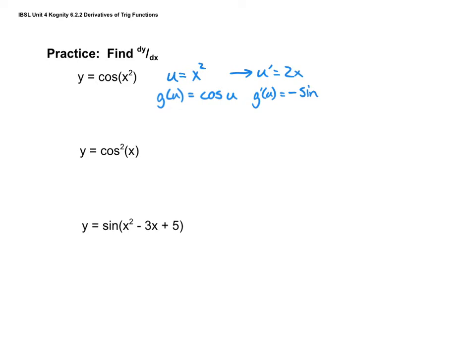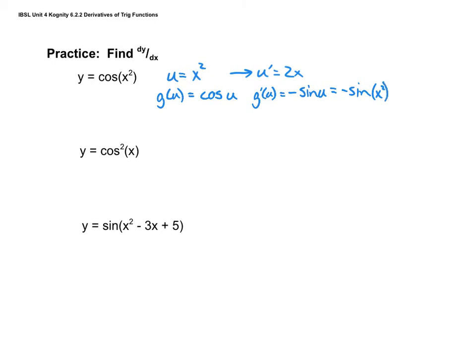G prime of u, the derivative of cosine, is negative sine of u. And then we need to substitute back in, because we don't want our answer to be in terms of u. We want our answer to be in terms of x. Okay? So this is negative sine of the x squared.